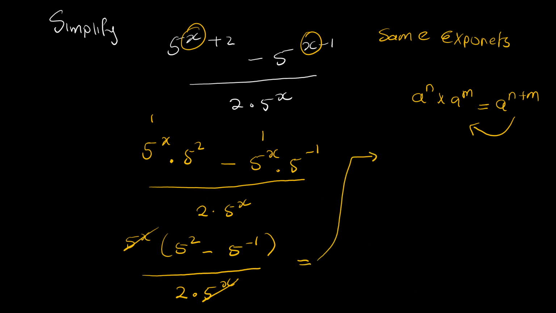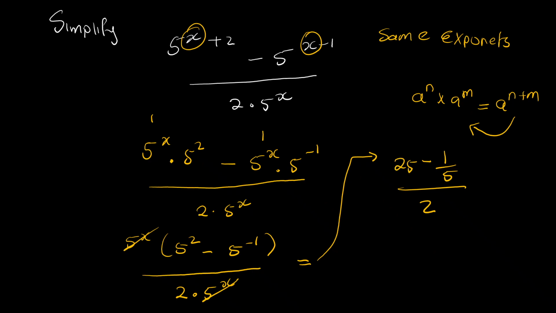The top part is just 10 minus, I need to write this as 1 over 5, everything divided by 2. I'm sorry, this is not 10. 5 squared is 25. So let's fix that problem. 5 squared is 25. So this will be 25 minus that.